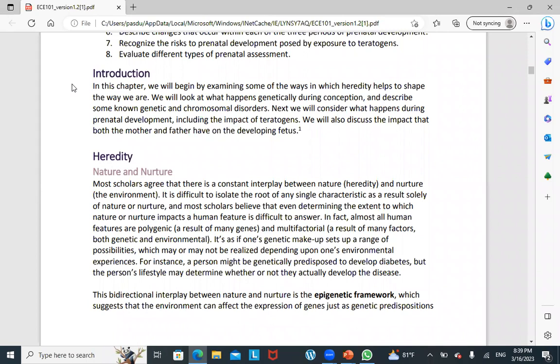But the environment he is growing up in is not rich. What will happen to this child? Will he be able to actualize the full potential of his energy or not? No. Very good.